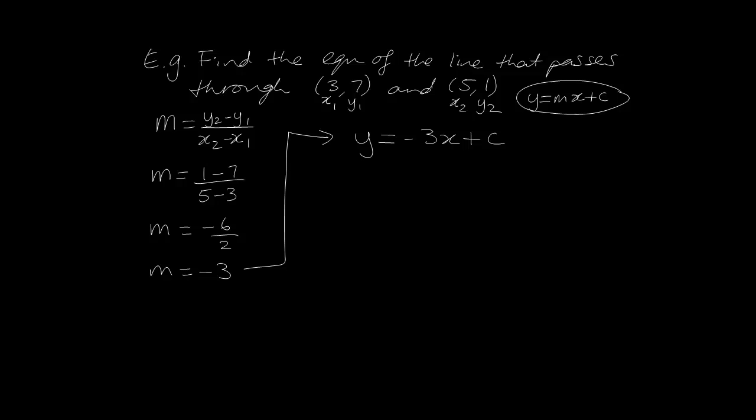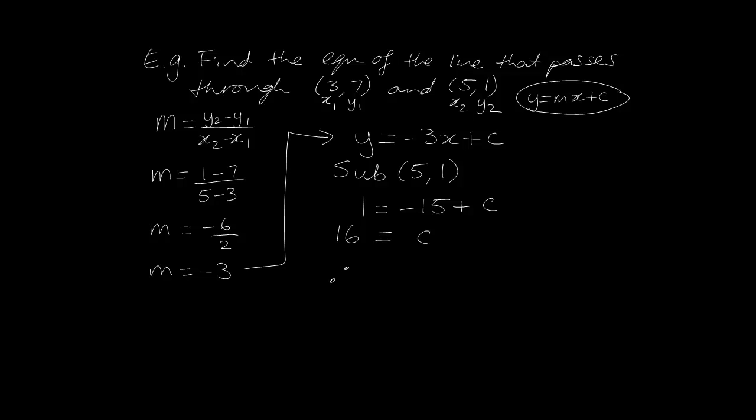It doesn't matter which point you substitute in. So let's say I were to pick (5, 1) to substitute in here. So instead of the y I've now got 1, and instead of the x I've now got 5. So it's going to be negative 15 there plus c. To get the c value I now add 15 to both sides. So my c value will work out to be 16.